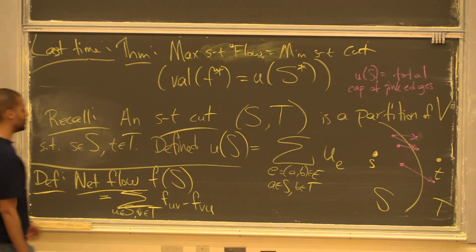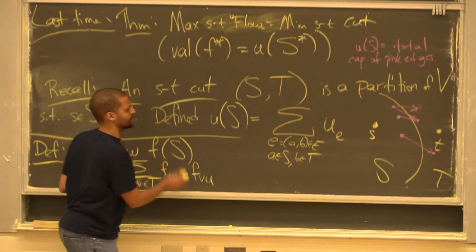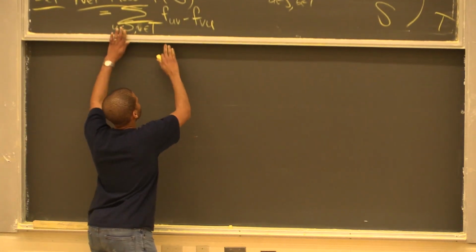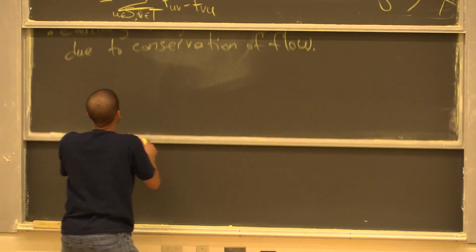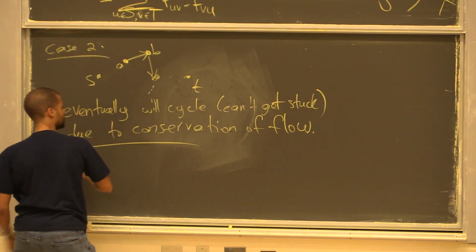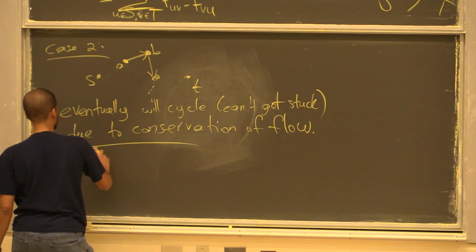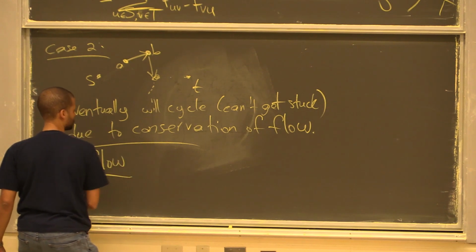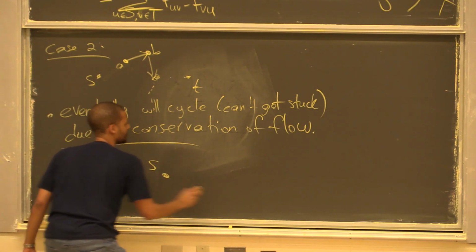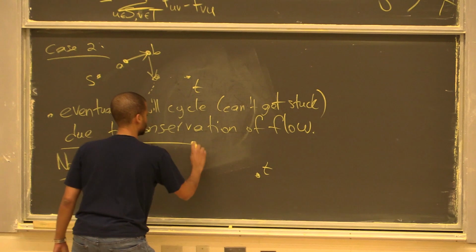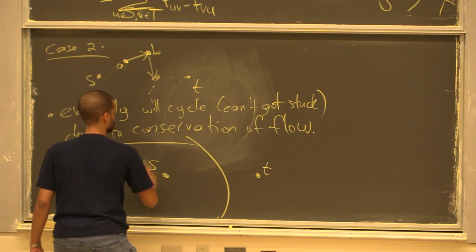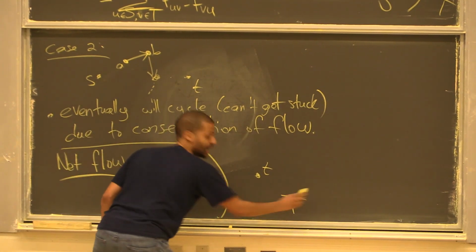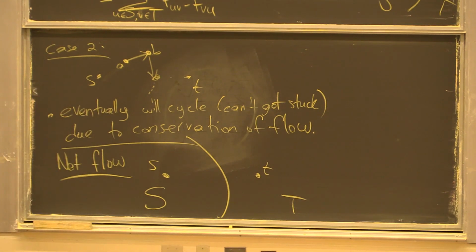So what's that picture? So the net flow, if I had to draw a picture, here again I have S, here I have T, there's some cut here. This is the capital S side, this is the capital T side. Okay? And there are edges crossing possibly in both directions.